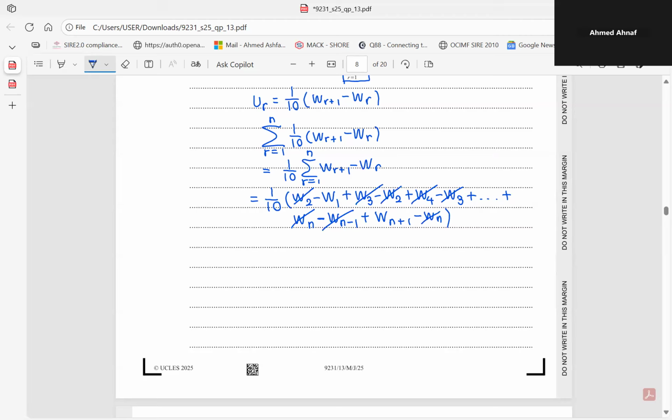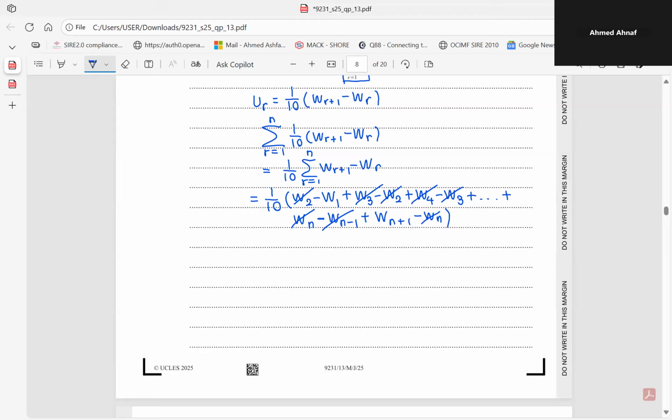And for W1, it would just be 1 times 2 times 3, all the way to 1 plus 9, which is 10. So this is basically 10 factorial. We can further simplify this. We know 10 factorial divided by 10 factorial will just give you 9 factorial. So this is our final answer for this part.